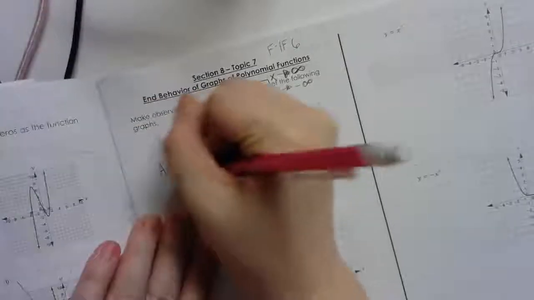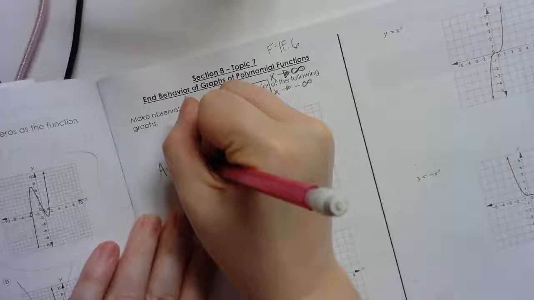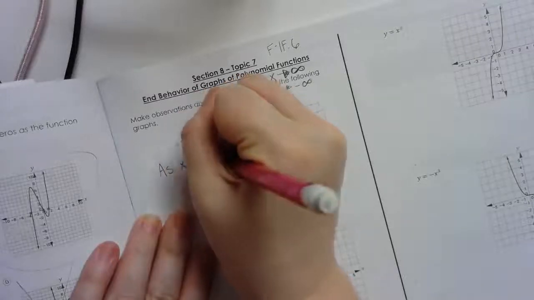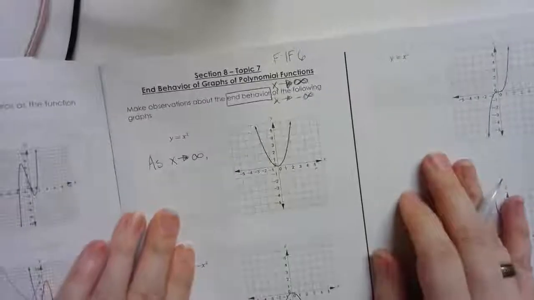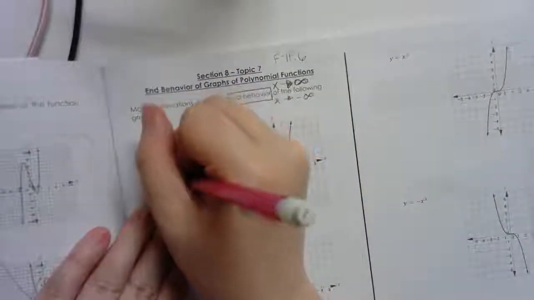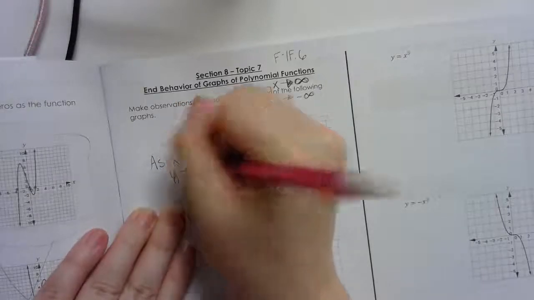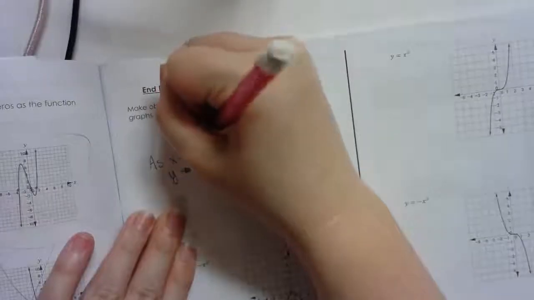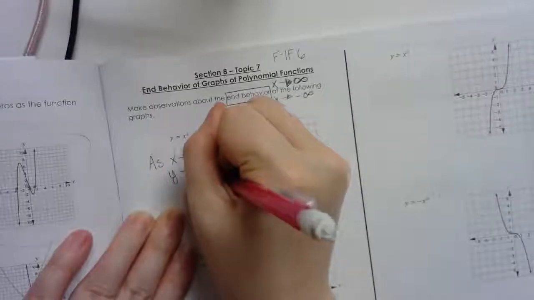So as x approaches positive infinity for this graph, as x approaches positive infinity from left to right, then y approaches positive infinity as well. So as x increases, then y increases as well.